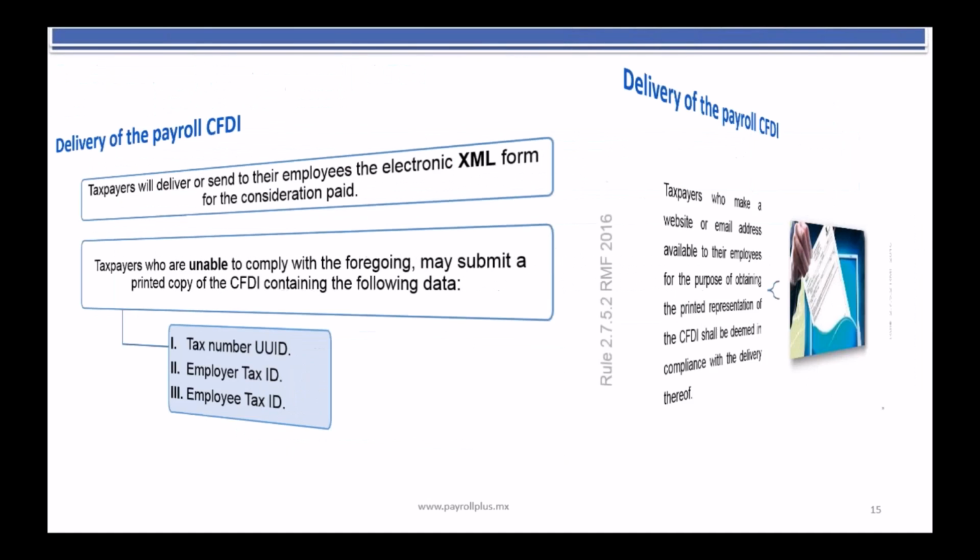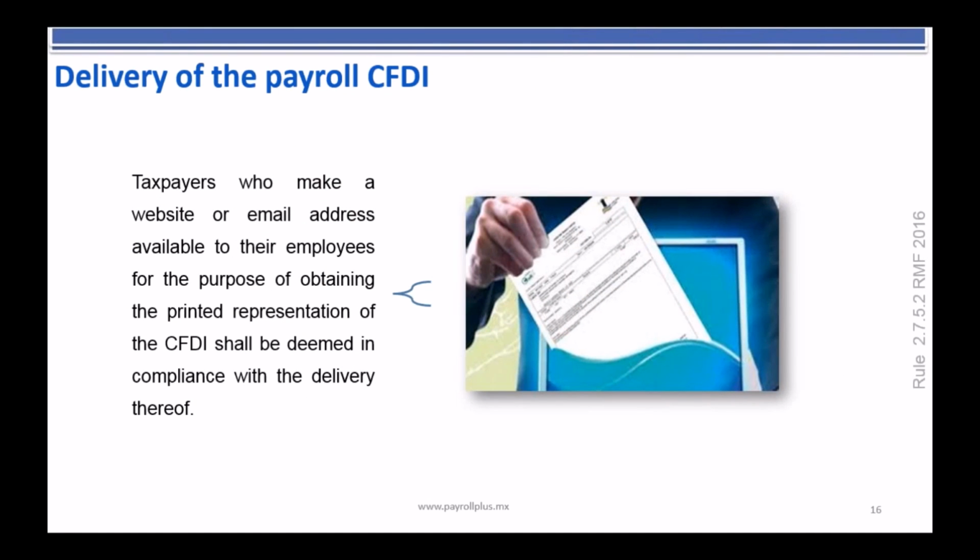Now there is another option which a few companies have decided on, and it actually makes it easier to comply with the requirement of delivery of the payroll. It says that taxpayers who make a website or email address available to their employees with the purpose of delivering the CFDI are considered to be in compliance with the delivery of the XML.